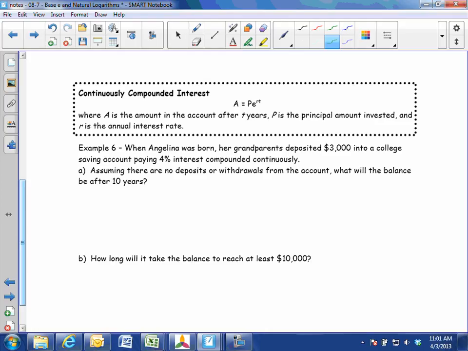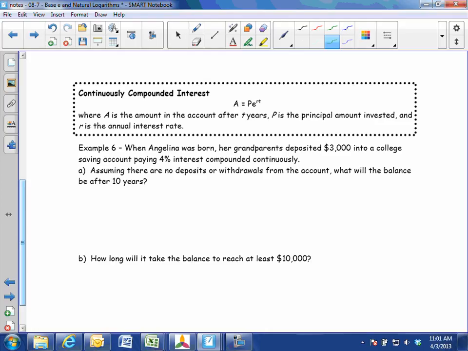There are also continuously compounding accounts. In this case, instead of just finding the interest like every month, it's found every single minute, every single second.